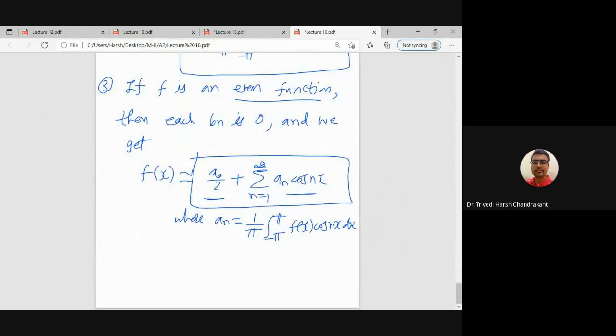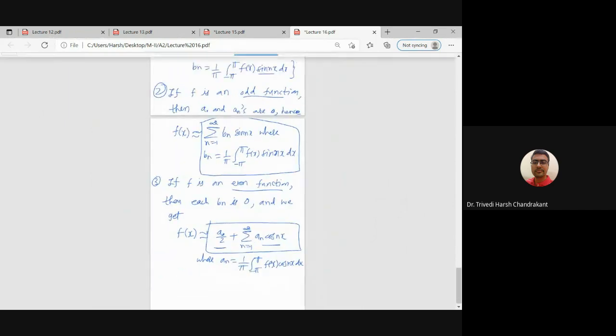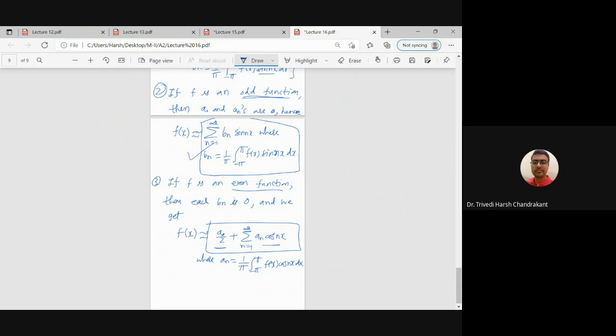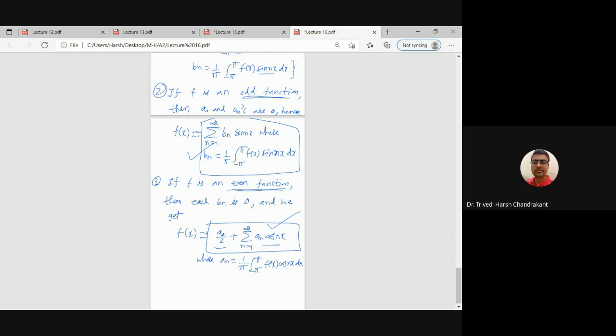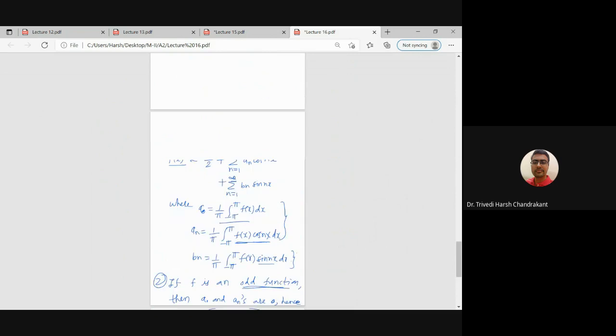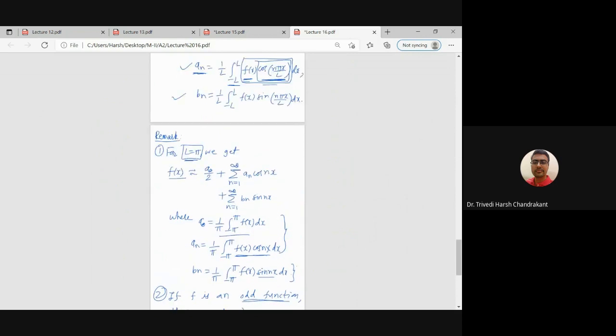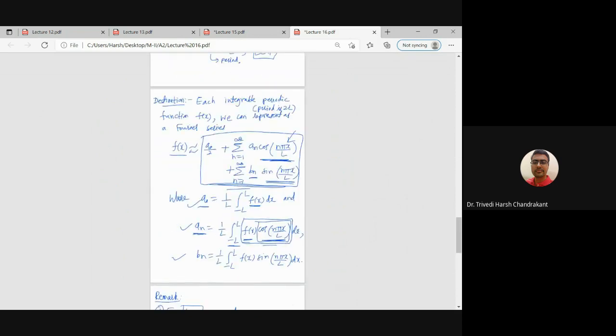The last thing I want to mention is that if the function is odd, we get a sine series. If the function is even, we get a cosine series. But in general, if the function is neither odd nor even, in that case also we get the Fourier series in these two parts.